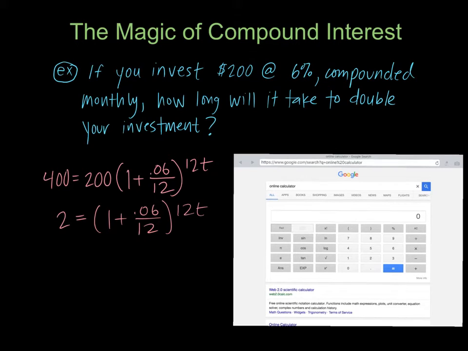So I get log of 2, which is 0.301, and I'll just write down the 0.301. The reason I log that is because logging makes the exponent drop out to the front. And this is what I end up with. Okay, so I need to divide by 12.